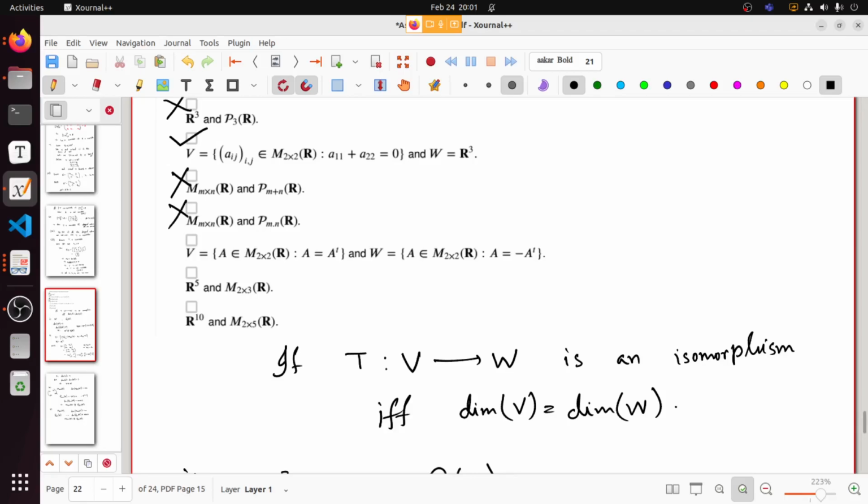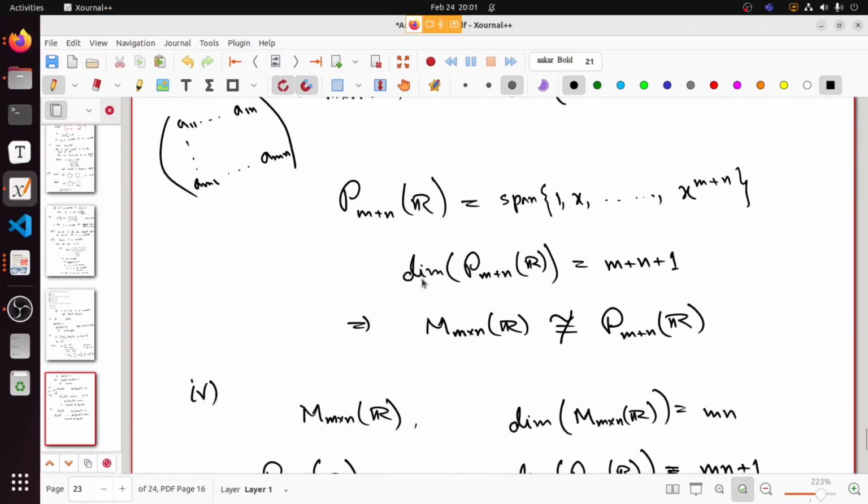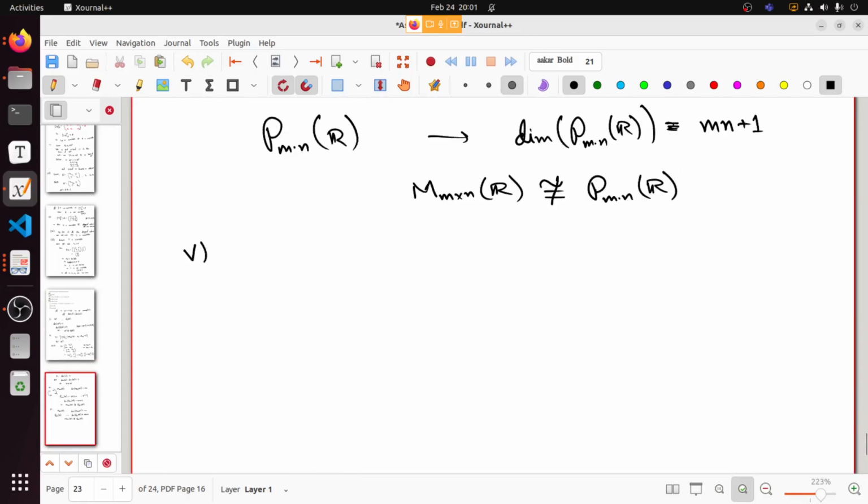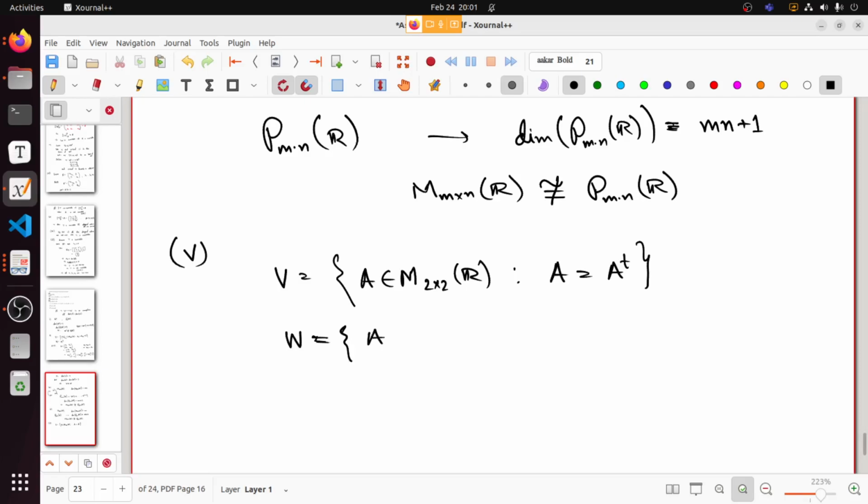Now B is the set of symmetric 2 cross 2 matrices, and W is the set of anti-symmetric matrices. Let's check option number 5. B is the set of A in M2 cross 2 such that A equals A transpose, and W is the set of A in M2 cross 2 such that A equals minus A transpose.